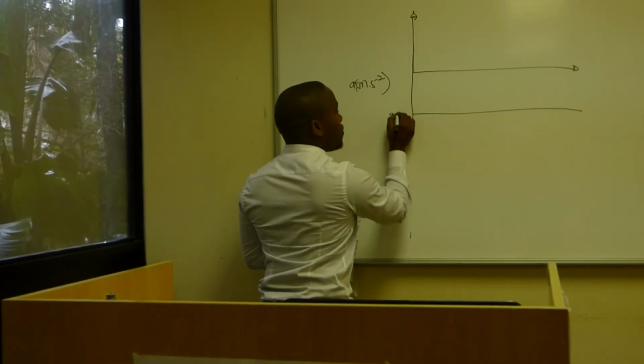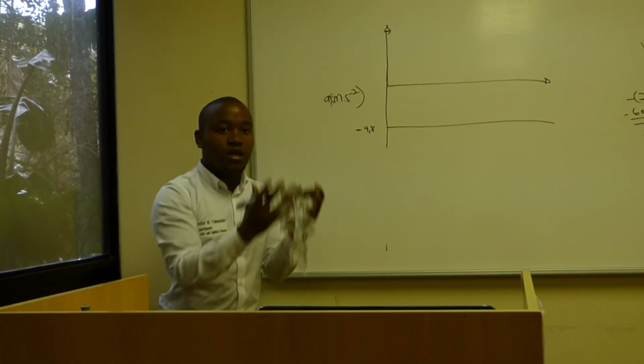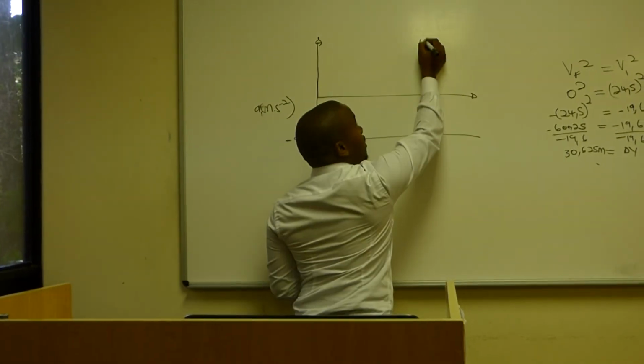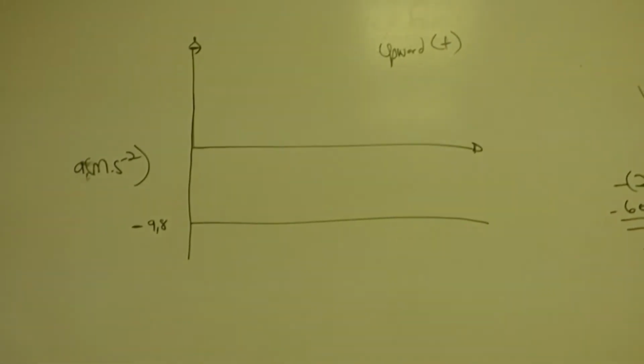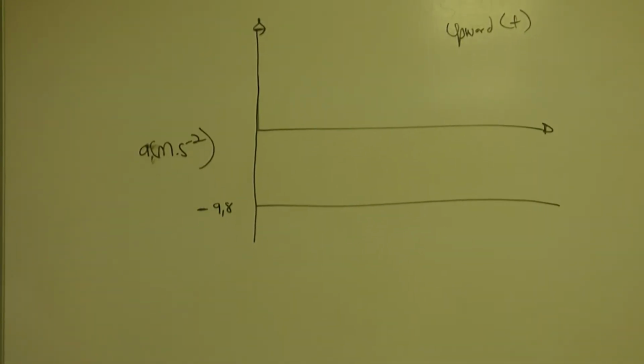So we'll have 9.8, but it's negative because it's acting downwards. Upward is positive. But you only draw this kind of graph if you say upward is positive. If upward was negative, then anything that was going down was going to be positive.